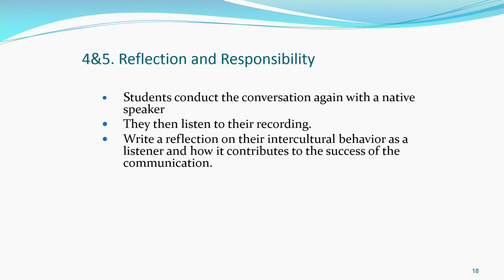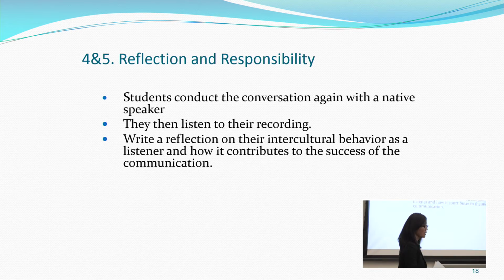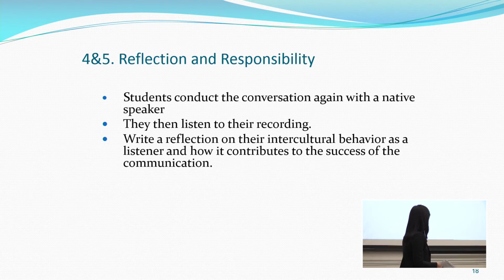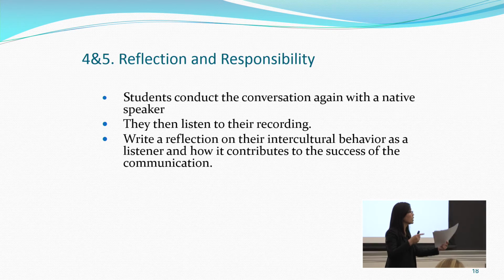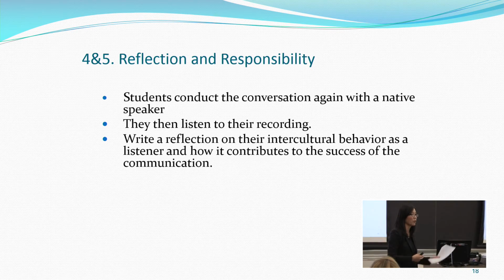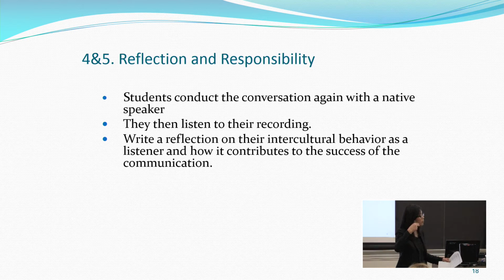The last step would be students doing another conversation in the same scenario, but with native speakers, and recording them, transcribing, writing some reflection on their intercultural behavior as a listener, and how it contributes to the success of the communication, just like Mon and Lucidis, and how you guys walked towards each other to have a very successful communication. How did you contribute to these interactions with the sociocultural aspect kept in your mind?